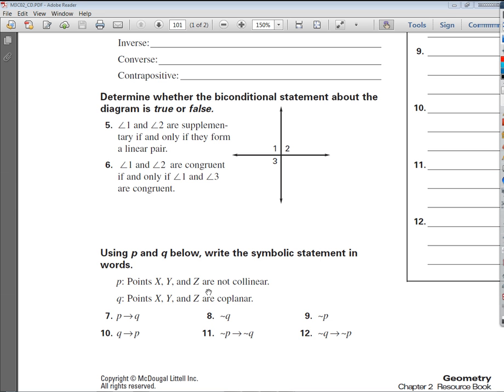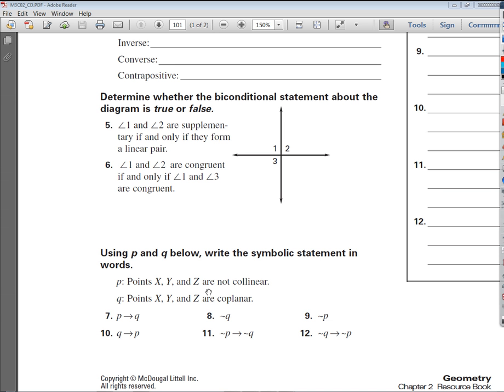Okay. Something else that came up just a little bit, minor issue, but you guys are in this class, I want you to be aware of this. So if we do flip that around, as people did for those first questions 1 through 4, if I flip around the hypothesis and the conclusion to form a converse, it's really not good to say it in the hypothesis, right? So for example here, if we flip this around, we really shouldn't say "if they form a linear pair, then angles 1 and 2 are supplementary."